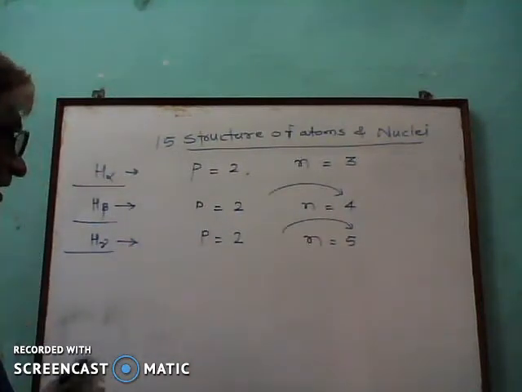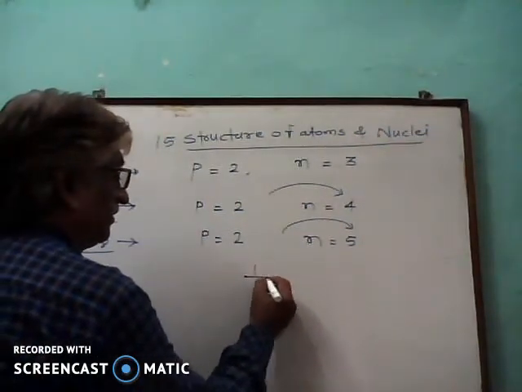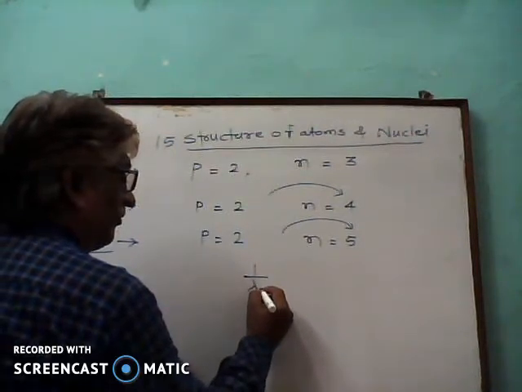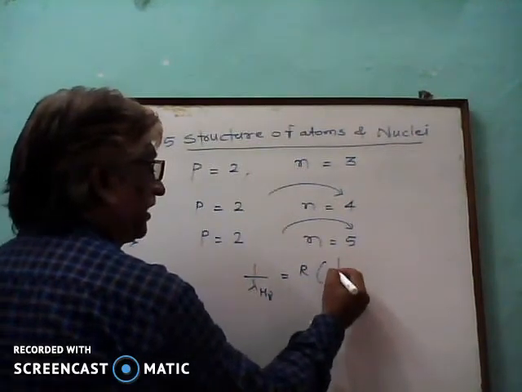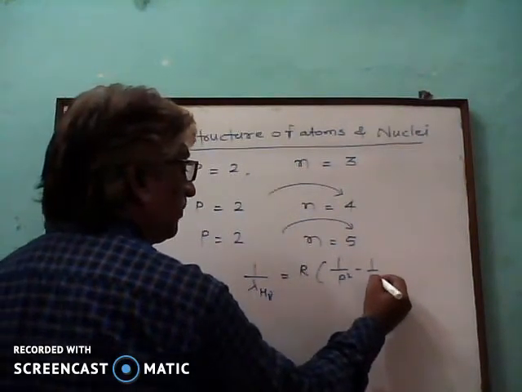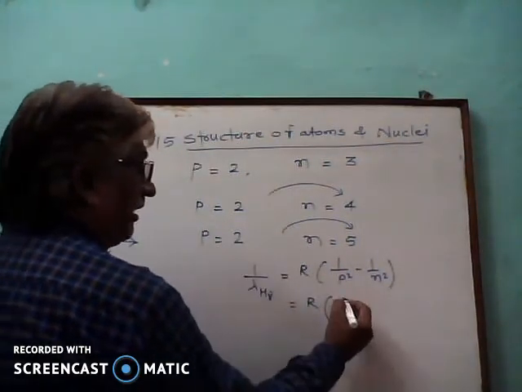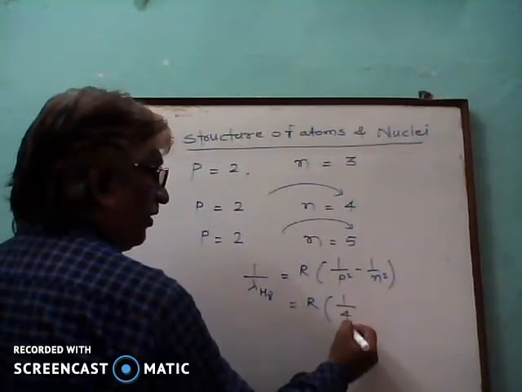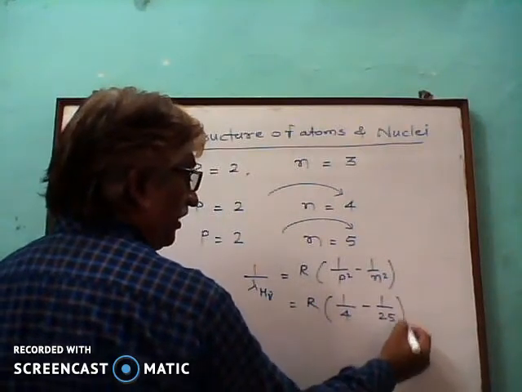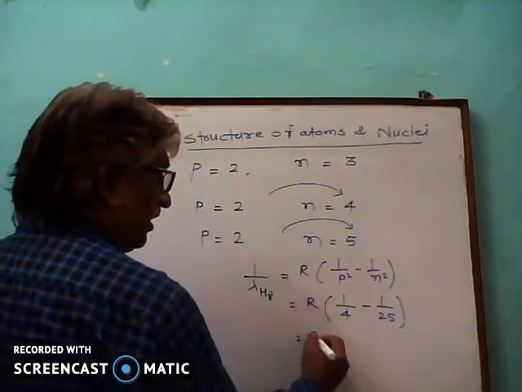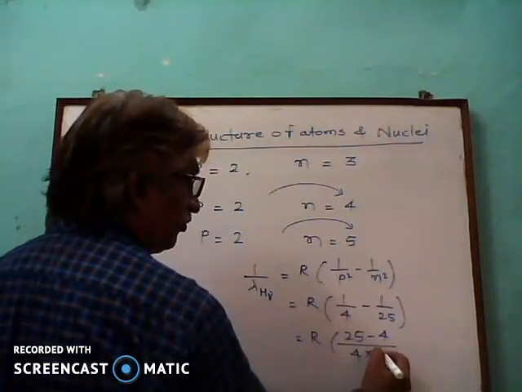And here, we can find their wavelength by using the formula 1 upon lambda H gamma is equal to capital R bracket 1 upon p square minus 1 upon n square. What happened? R in bracket, p value will be 2, 2 square will be 4, 1 upon 4 minus 1 upon 5 square, which is 25. If we take cross multiplication, R in bracket 25 minus 4 upon 4 into 25.